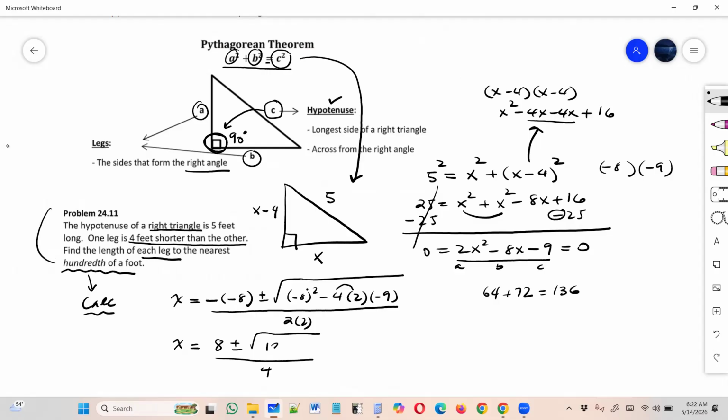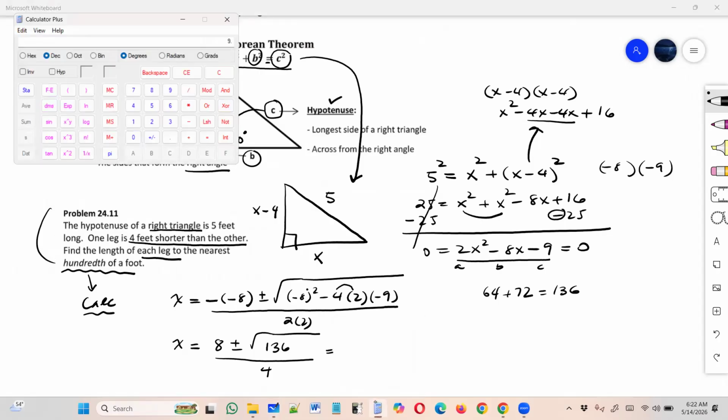So 136 goes right here. Now, maybe we don't know if 136 is a perfect square or not, but that's okay. You have a calculator, you can do that. And there you go. It is not. So for example, it's not like, let's say, 144. When you take the square root of 144, we get 12. But 136 is this crazy number.